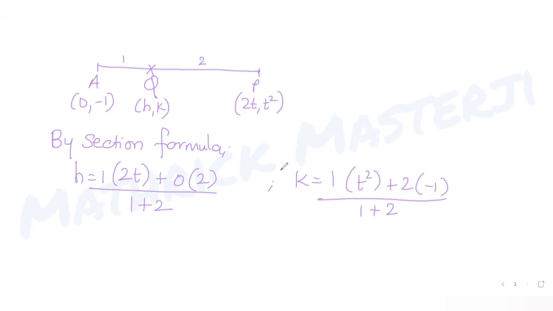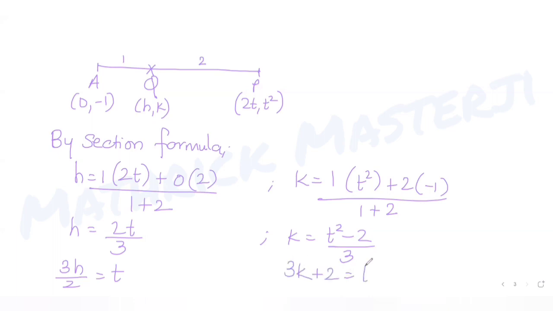Solving further, h becomes 2t divided by 3 and k becomes (t squared minus 2) divided by 3. So t is 3h divided by 2, and also 3k plus 2 equals t squared.